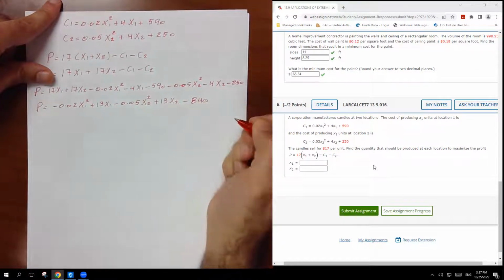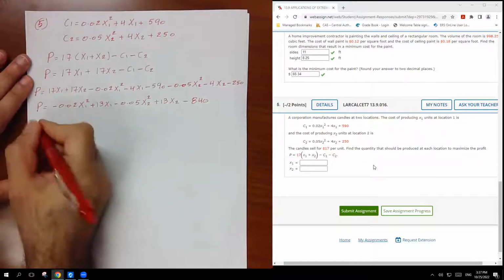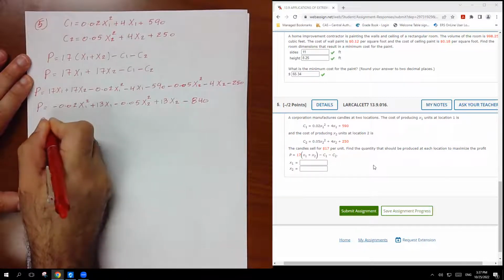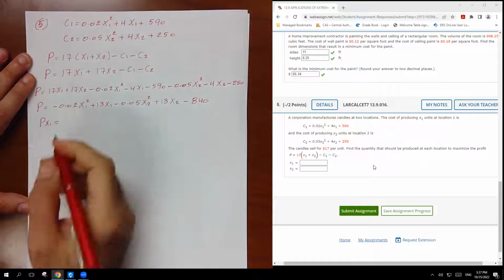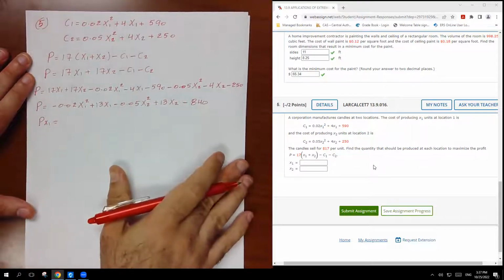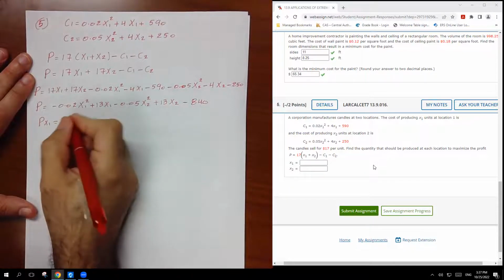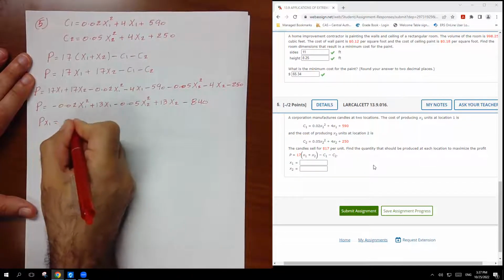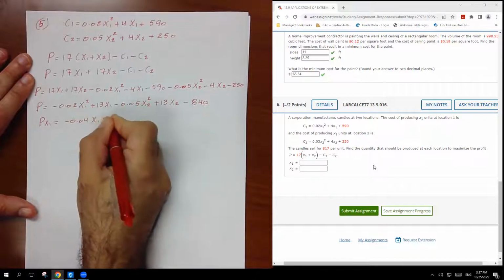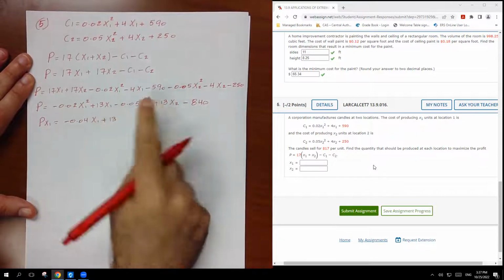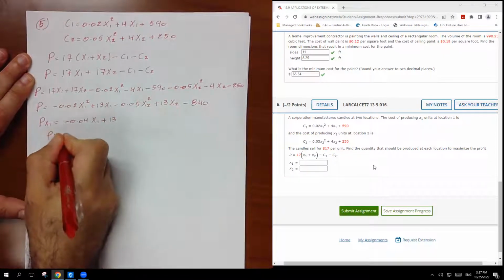Yes. Now we're going to find the derivative with respect to x1, with x1 as the variable, not x, y, z. So this one is going to be negative 0.04 x1 plus 13. This is 0, this is 0, this is 0. P x1 equals 0.